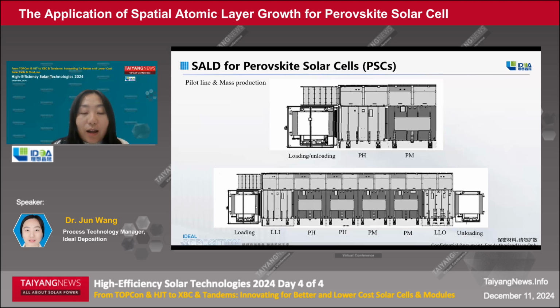The mass production line comprises a loading platform, a load lock chamber, a preheating chamber, process chambers, and a load lock out chamber. The equipment can be modularly equipped with a number of process chambers according to the customer's capacity needs. The substrate placed on a tray moves from the loading side, goes through all the chambers, and moves out of the line from the load lock out.